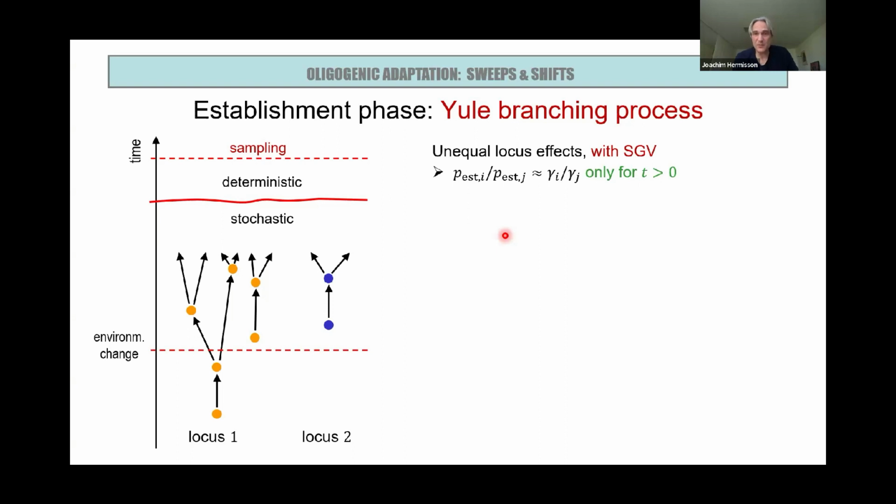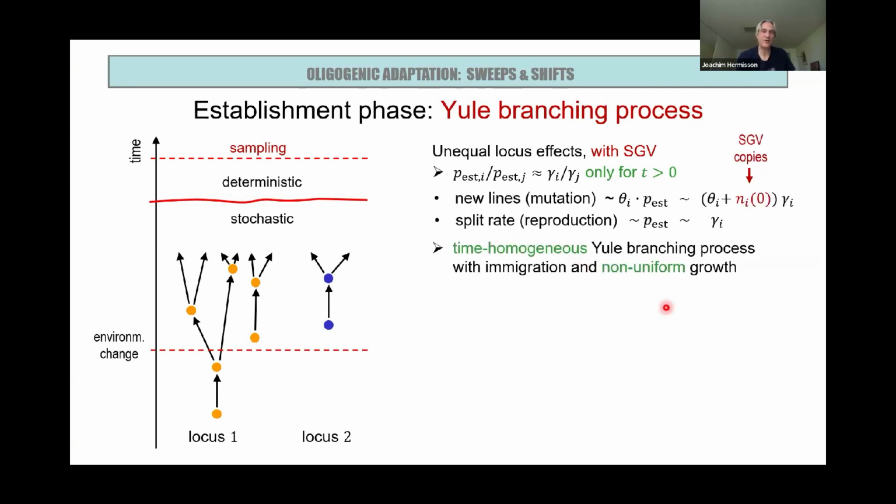Good. So what can we do? There is one last trick that we do have available here. We still do the same thing as before, but we start the whole process simply at the time of the environmental change.